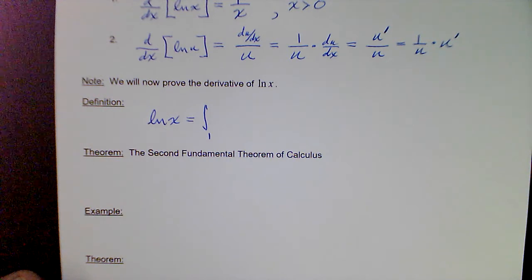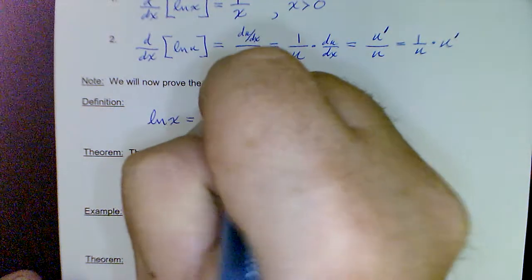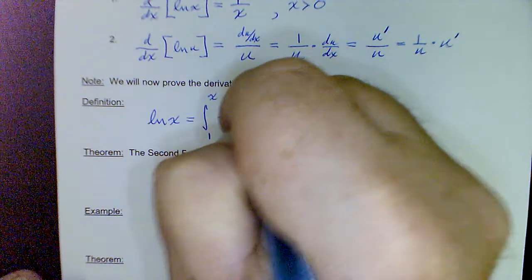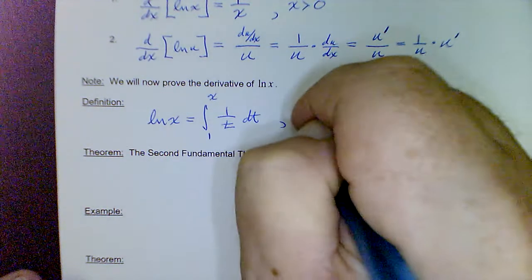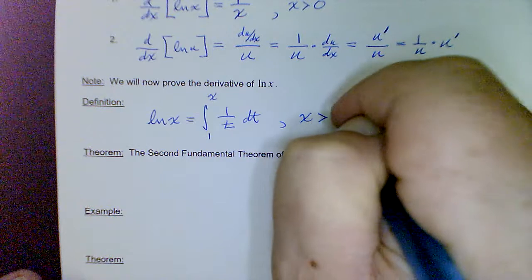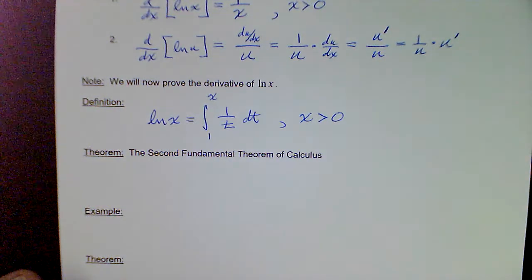And we have the natural log of x is the integral from 1 to x of 1 over t with respect to t. And you do have to include this in your definition, that x is greater than 0. So that's going to be worth like 2 points, just to be able to state that definition.